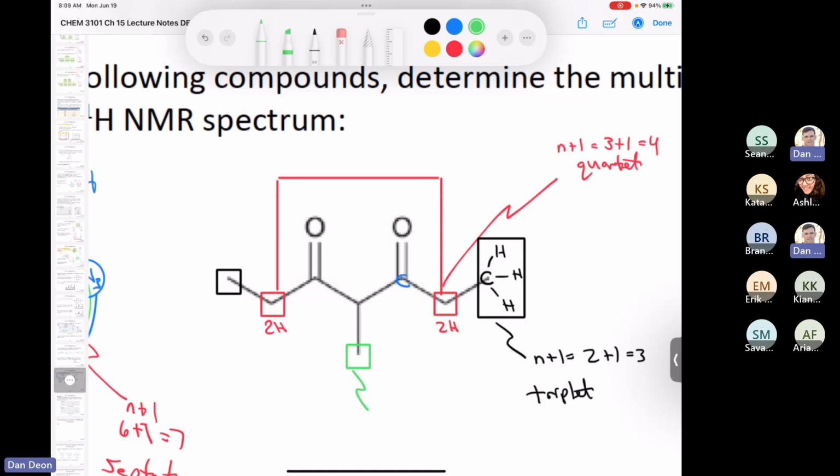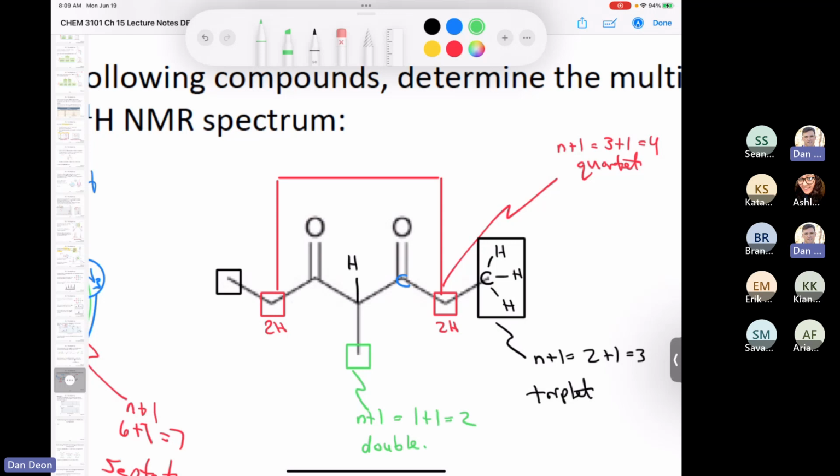Would it give you a singlet, doublet, triplet, or quartet? Could anybody tell me? You'd get a doublet, wouldn't you, Ariana? Right, exactly, because here you have 1 proton, right? 1 proton there. So you end up with N+1. So we get N+1, and it's 1 + 1, which equals 2. So we would get a doublet.